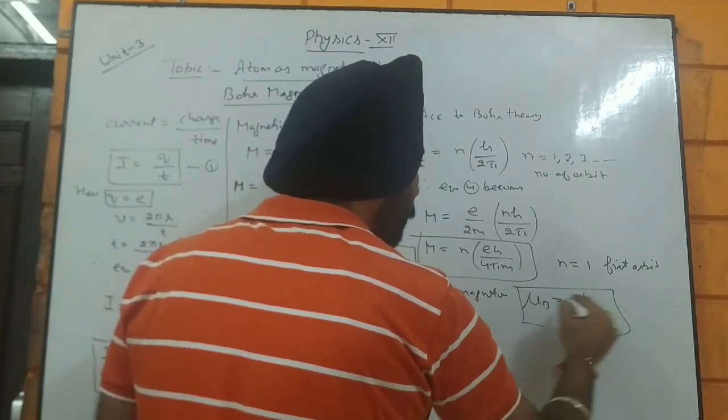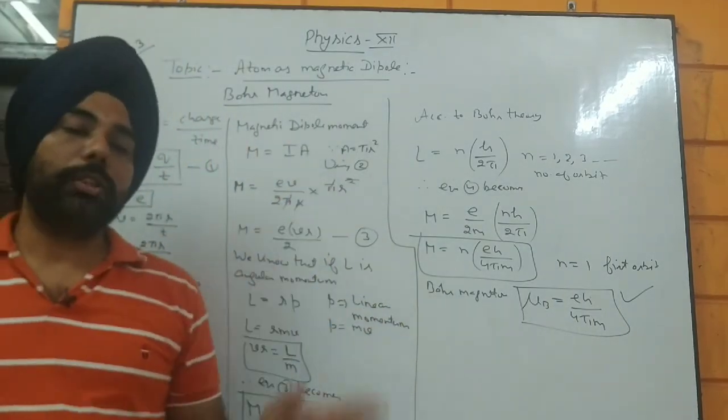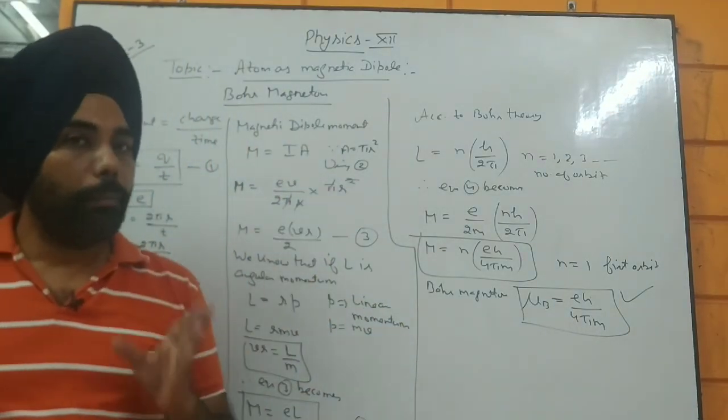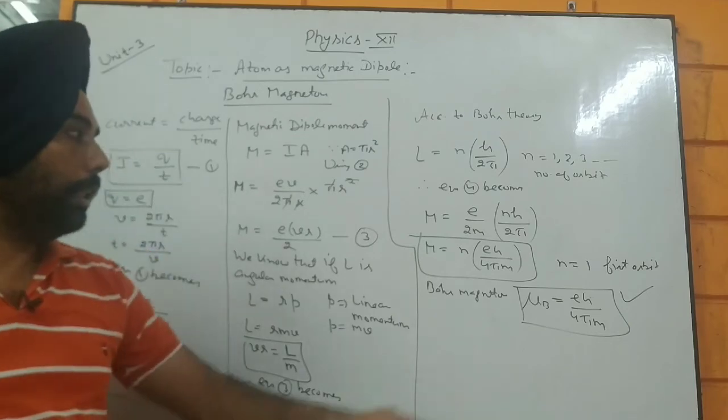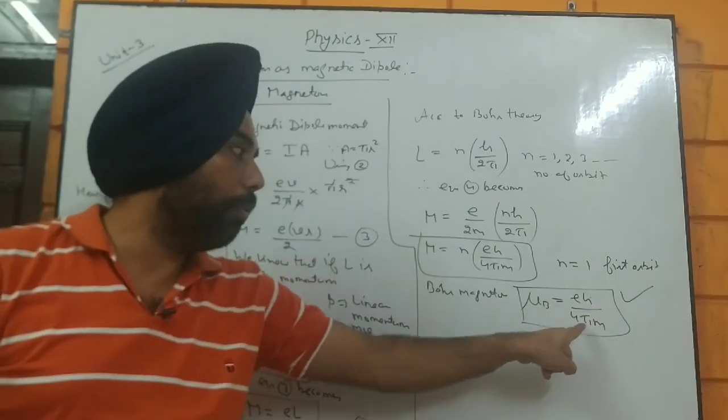Now that is going to be the answer of Bohr magneton. That is only for the orbit number 1 of atom. So that is why I have put up n is equal to 1 for the first orbit. Then that magnetic dipole moment is known as Bohr magneton, which is having a symbol of mu b, and which is equal to now eh upon 4 pi m.